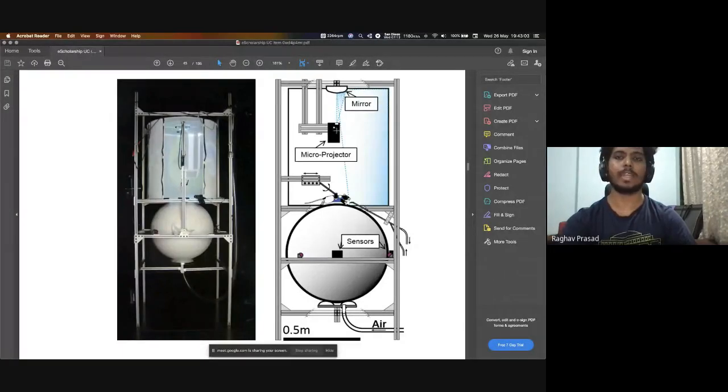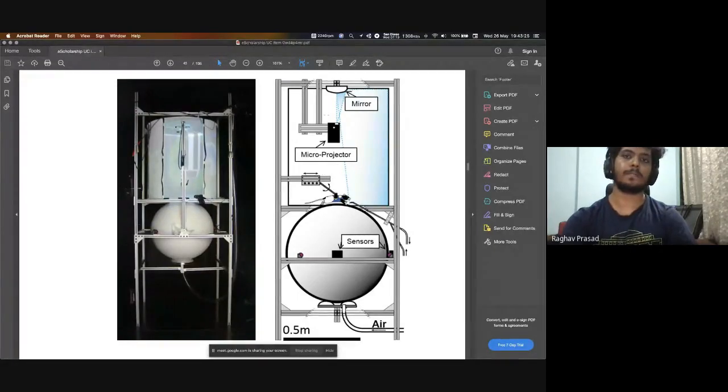So the way they do it is they project it onto sort of a hemispherical mirror, which you can see over here, which is placed at the top of the cylinder, and that mirror sort of spreads it outward, right? I hope you guys can picture that, right?